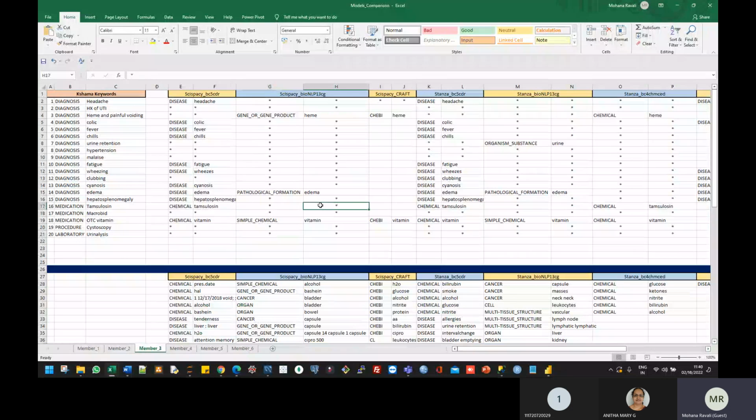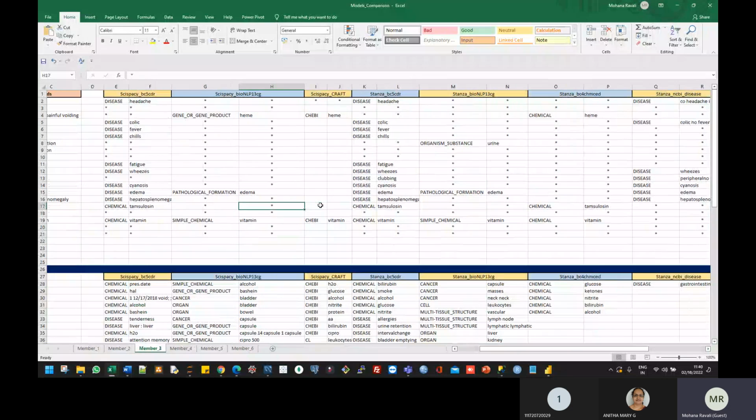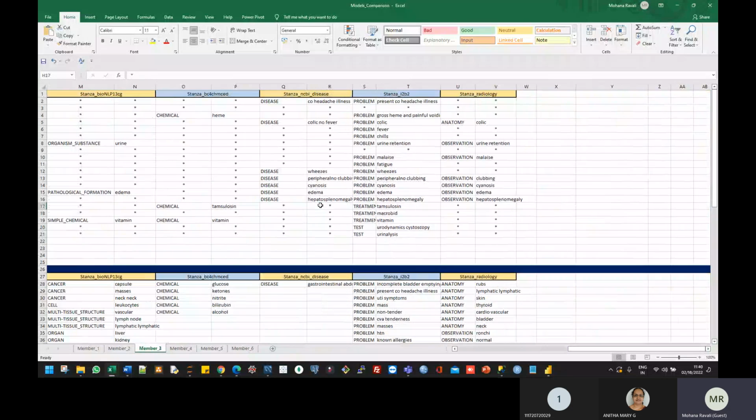Which is giving better? Stanza I2B2, this is giving you more, right? With this combination, whichever this is not giving, if some library is giving, I can combine these 2 models. Understood now? This is how I did the analysis.